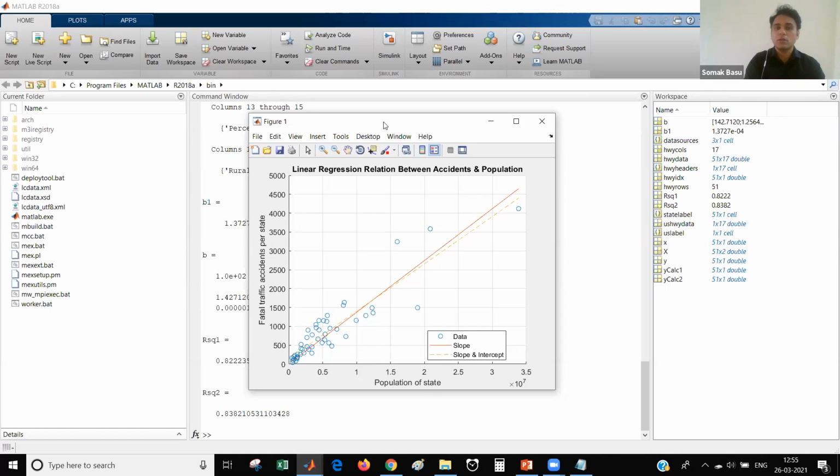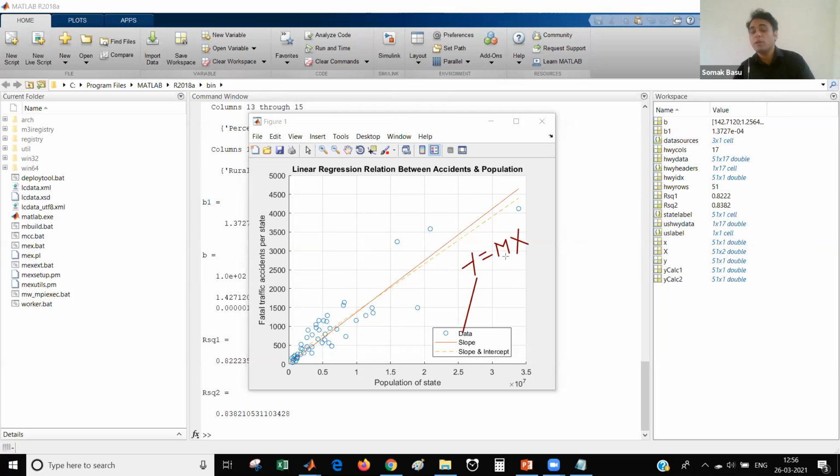So I'll just write it down for you. This thing over here is y is equal to m into x, because the slope is given by m.